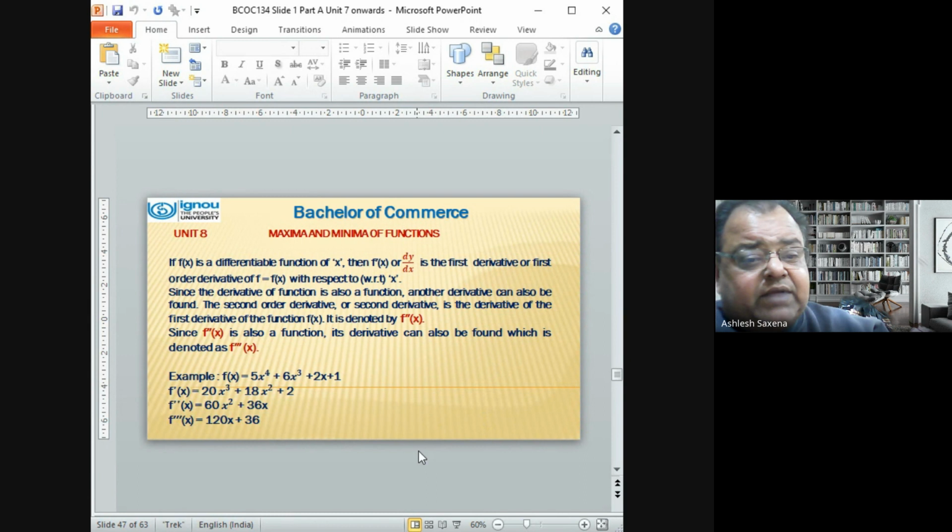Since the derivative of a function is also a function, another derivative can also be found. The second derivative or the second order derivative is the derivative of the first derivative of the function, and it is denoted by f double dash x.